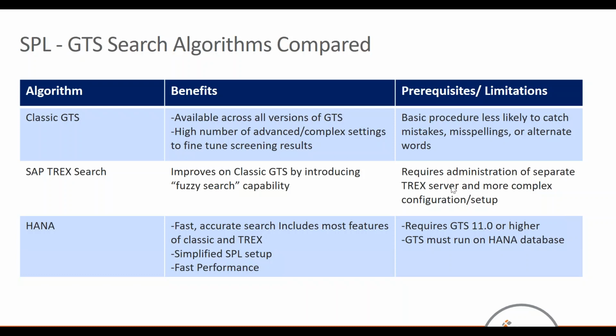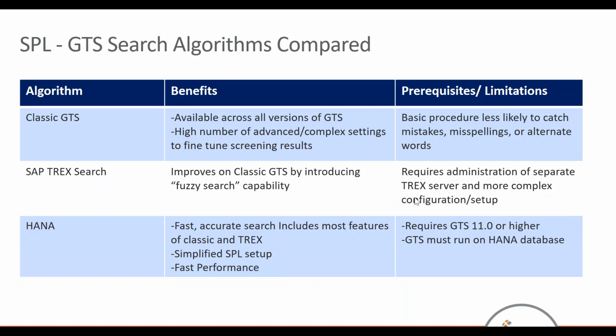Then you assign this TREX server in the configuration, and that's how it works. A small drawback of this is, if for any reason the TREX server is down, then your SAP search is affected. You cannot perform the SPL search during that period. So that was one of the drawbacks.